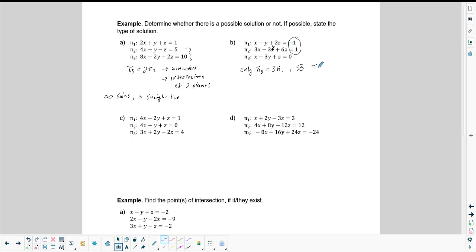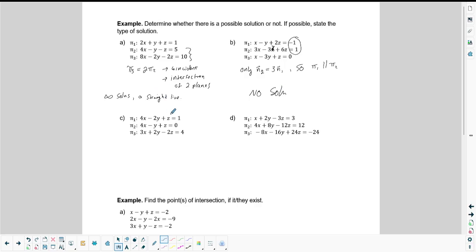So plane 1 is strictly parallel to plane 2. That means everybody's not touching. No solution. Done. Now, if you got example A, you would be going farther in the question. If you got question B, that is the last thing that you need to put.